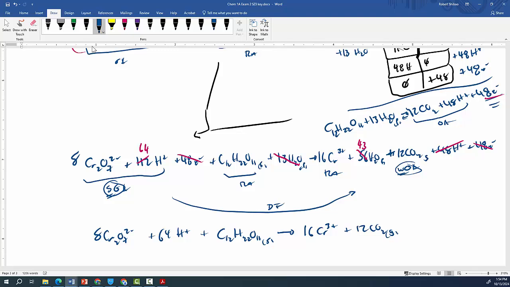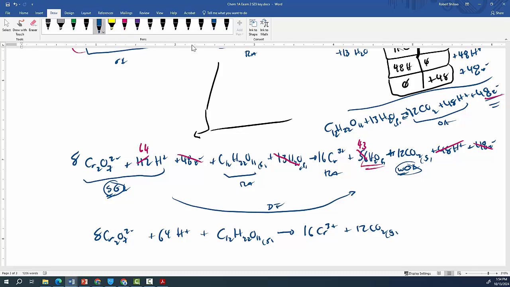That looks like it. Now, let's just make sure it's still balanced. So 8 times 2 is 16 chromiums, 16 chromiums. 8 times 7 is 56 oxygens, plus 11 is 67 oxygens. Is that right? Over here, I only have 24 oxygens. I screwed up, because I forgot my waters here.